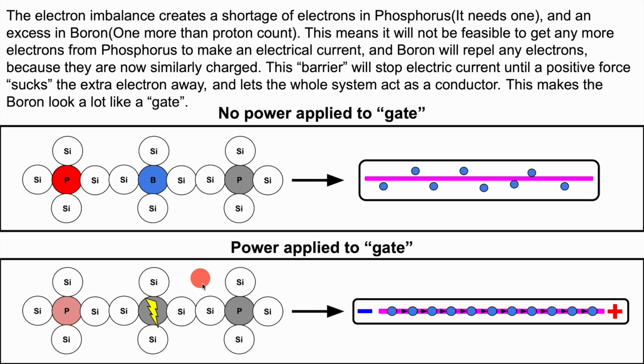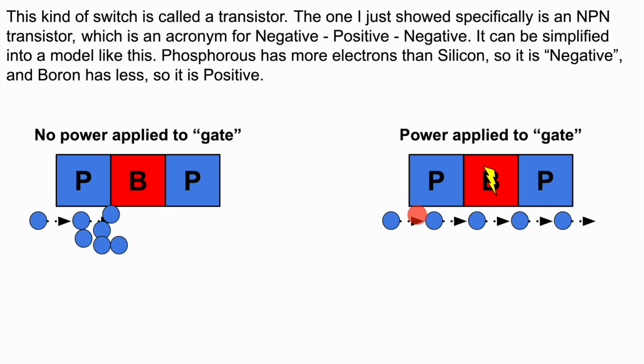But when you apply power to the, quote, gate, which is this boron, it takes that electron. If you put positivity over here, it sucks up the electron. It solves all the problems here, and electricity can possibly flow through. This system is called a transistor.